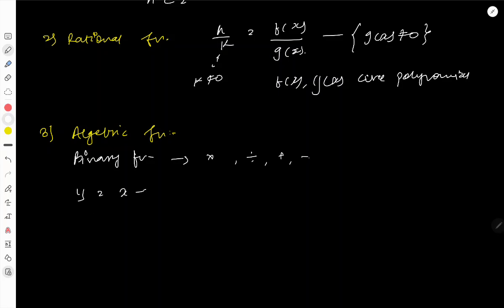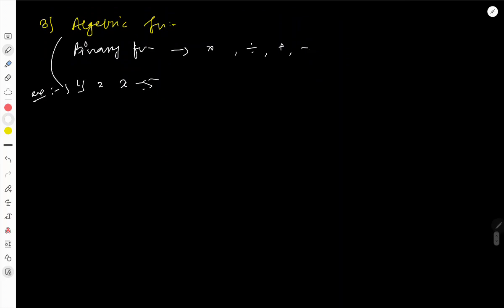Y equals x minus 5 is an algebraic function. Easy. And it does not involve any second degree or third degree. So we can say algebraic functions are linear functions.